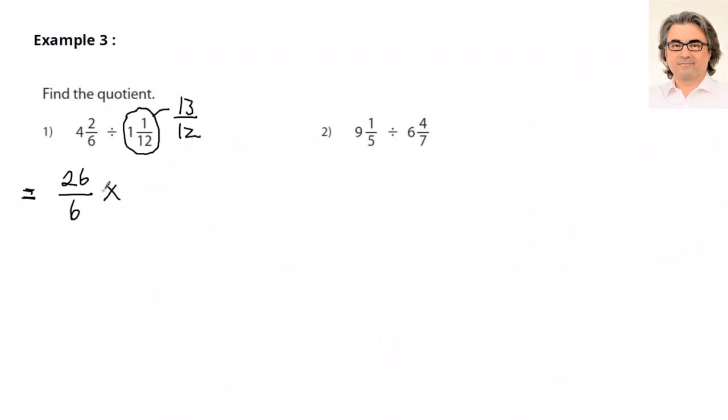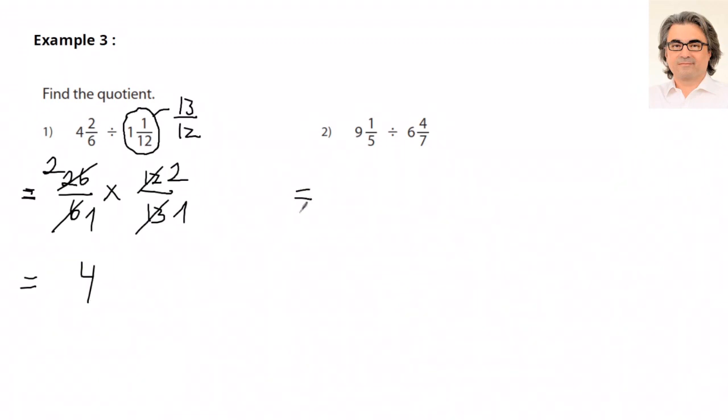But I should write in multiplication 12 over 13. Now let's finish. If you divide 26 with 13, the result will be 2. 13 with 13, the result will be 1. And if you divide 6 with 6, the result is 1. 12 with 6, the result is 2. So at the end, 2 times 2 is 4. Over 1 times 1 is 1. 4 over 1 is 4.